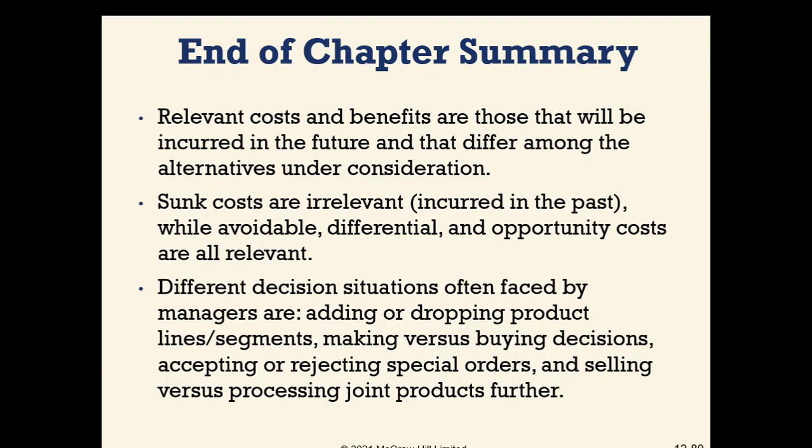Any avoidable, differential, or opportunity costs are all relevant because they differ between our alternatives. Different decision situations often faced by managers include adding or dropping a product line or segment, making versus buying decisions, accepting or rejecting special orders, and selling versus processing joint products further.